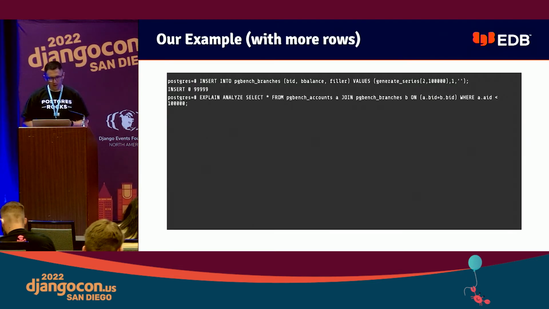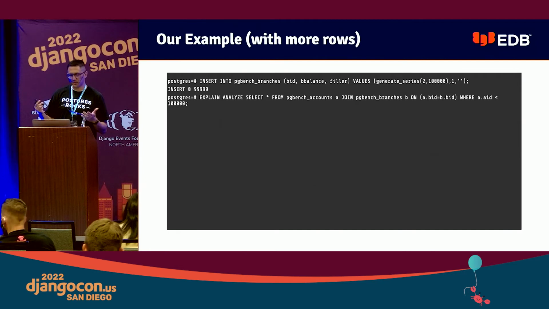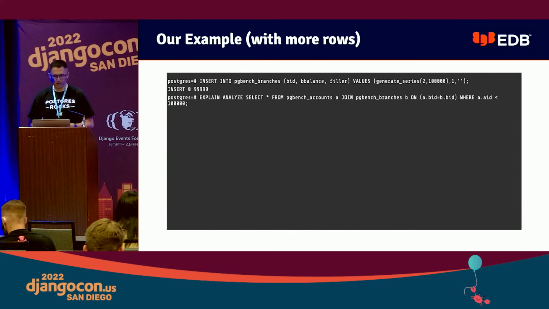Now, we're going to do a little bit more with this pgbench database. So I'm going to insert into pgbench branches. Okay, so now there was only 1 row in pgbench branches. Now there are going to be 100,000. Okay, and then I'm going to do the same query that I've been running before. I'm going to join accounts and branches, and then I'm going to filter on AID less than 100,000.